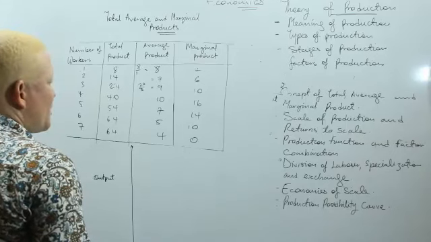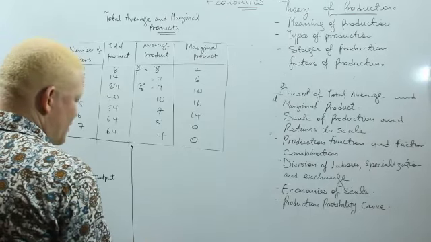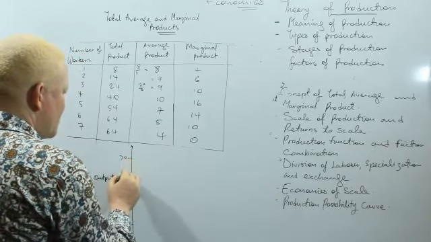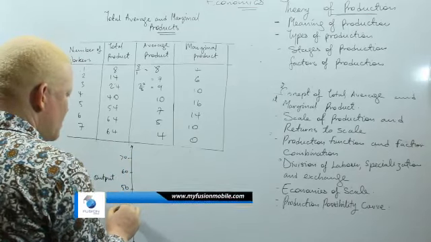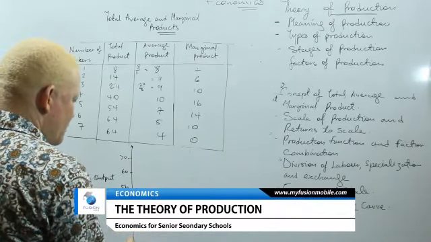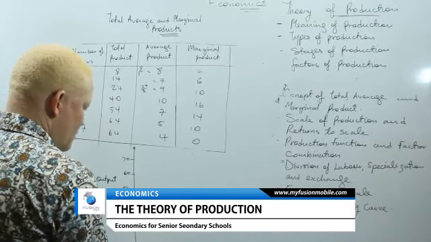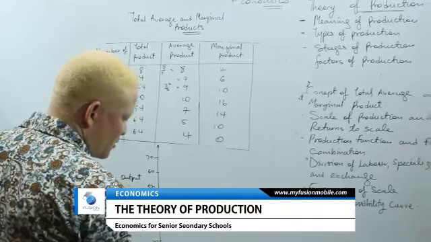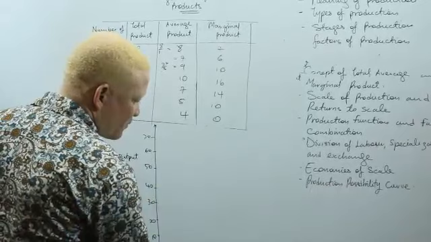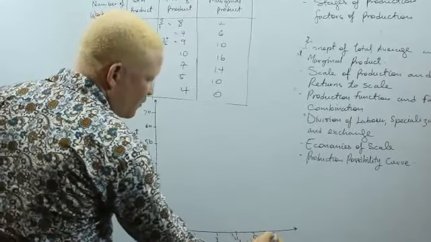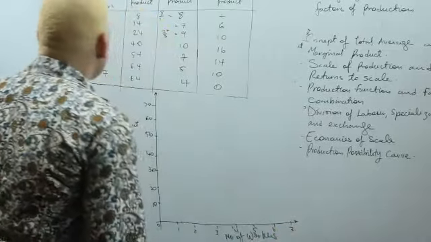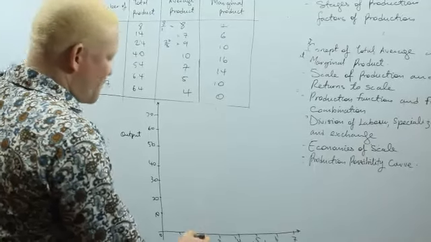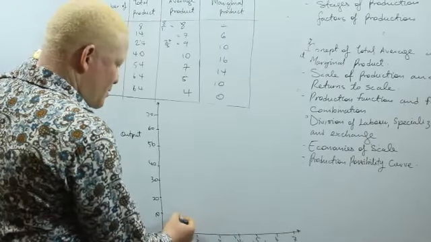The highest output we have there is 70: 10, 20, 30, 40, 50, 60, and 70. And 1, 2, 3, 4, 5, 6, and 7. Now from here, if we decide to graph them, at the first number of workers, I have total product first, 8.